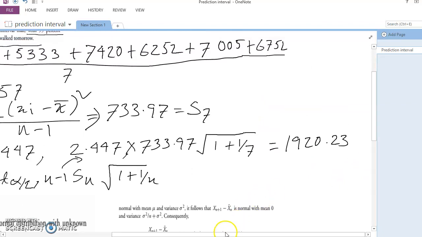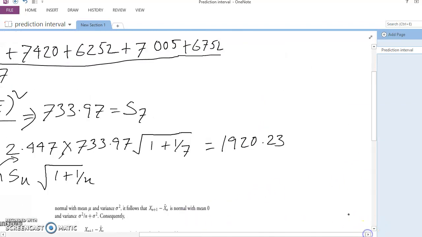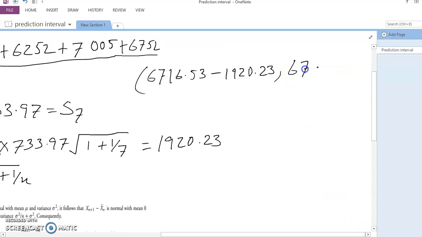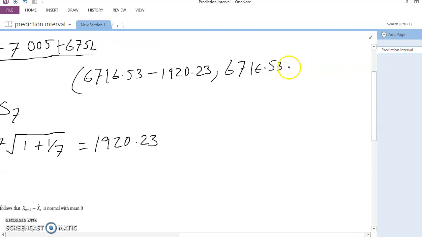So my interval is 6716.53 minus 1920.23 to 6716.53 plus 1920.23.